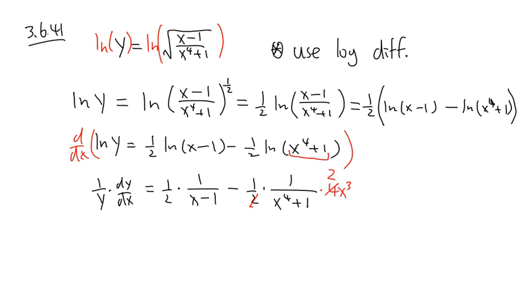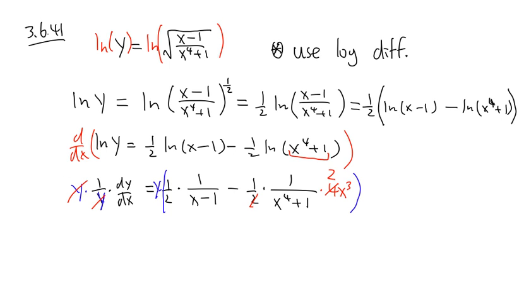And on the left-hand side, I want to isolate dy/dx, and I have 1 over y. Focus on the 1 over y. Let me multiply both sides by y, like this. And after that, I will be able to cancel the y right here.